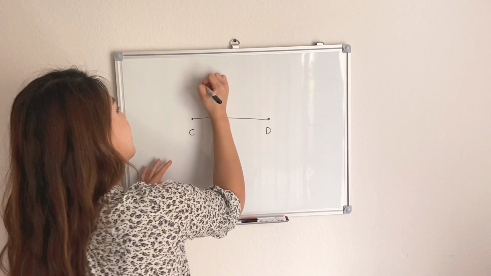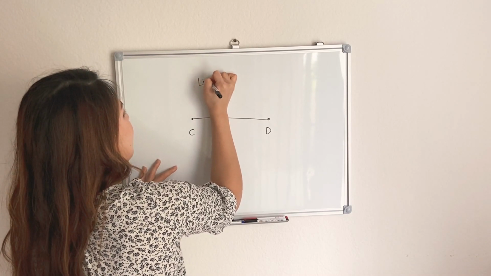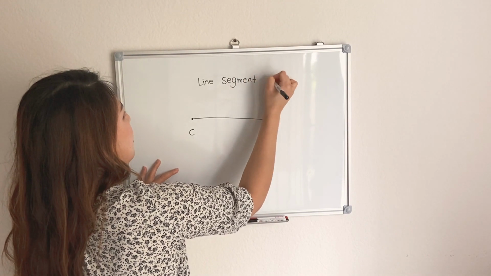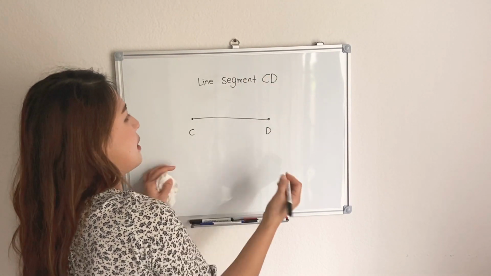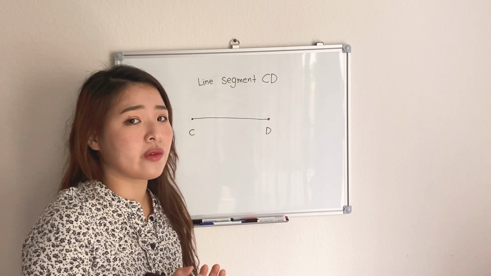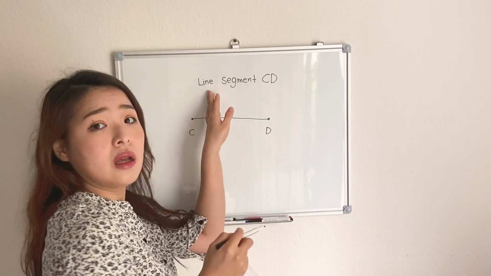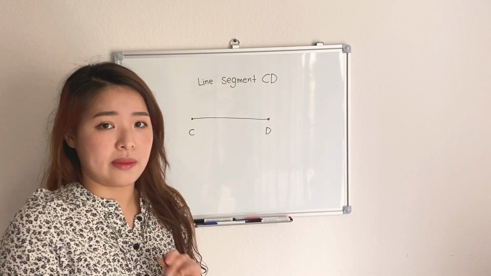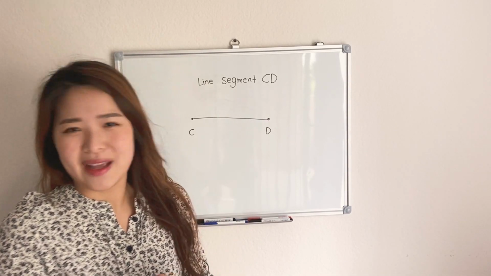It's called line segment C D. It's very important, third grade, that you tell me if it's a line or line segment when you name the line or line segment. Okay? Perfect.